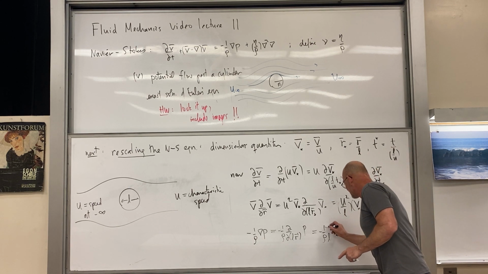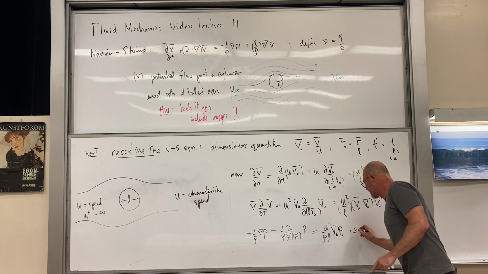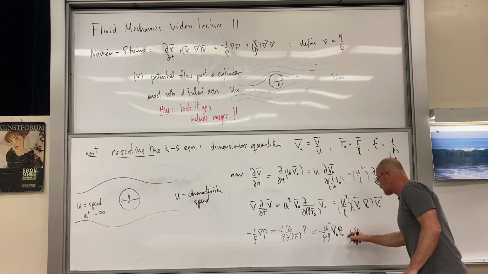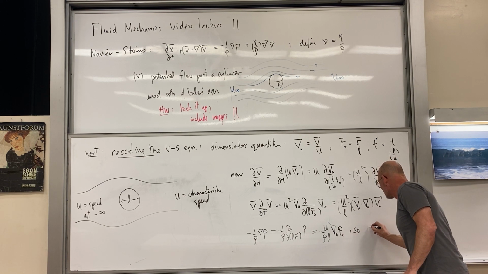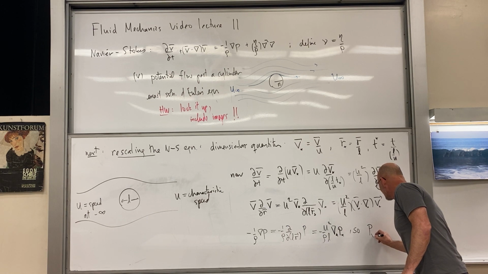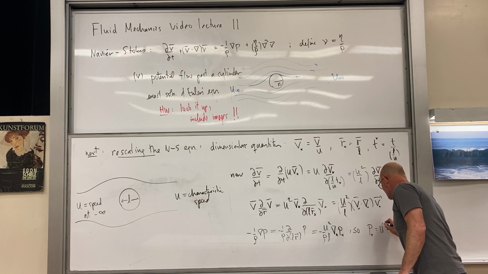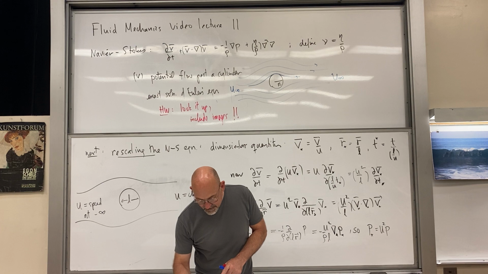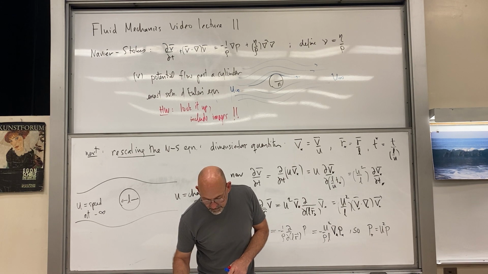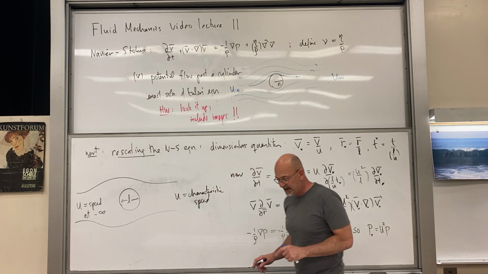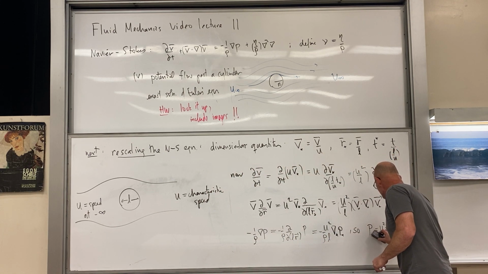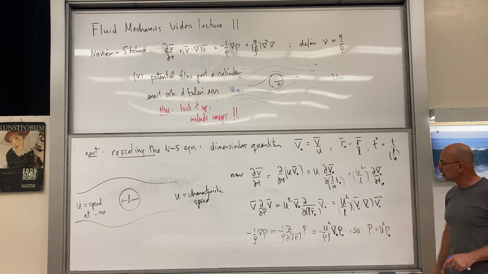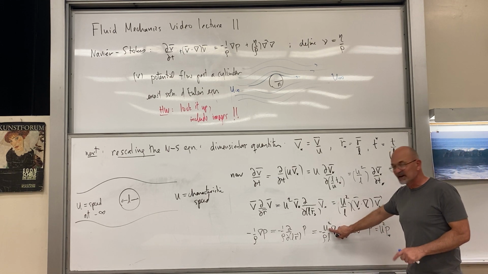So P is equal to U squared P star, so P star is P over U squared, and that would cancel that one because I put it in by hand.